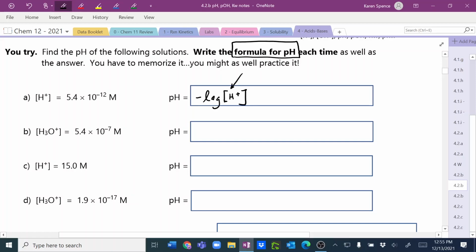That right there is worth 0.5 marks. If you don't write it on a written response question, you don't get that half mark. So you would write that, and then you would write negative log of whatever it is you have, 5.4 times 10 to the negative 12.